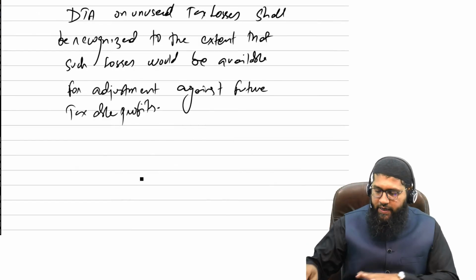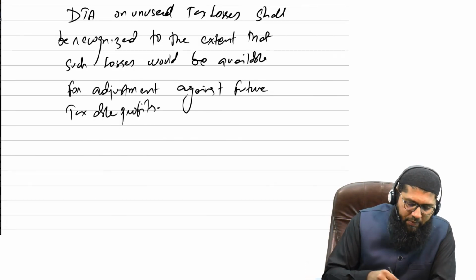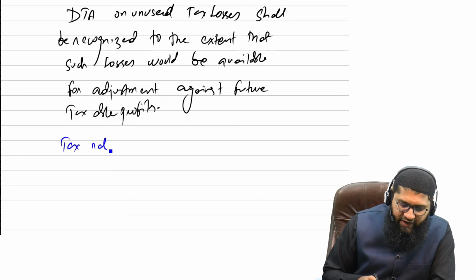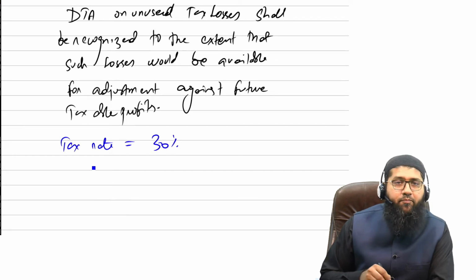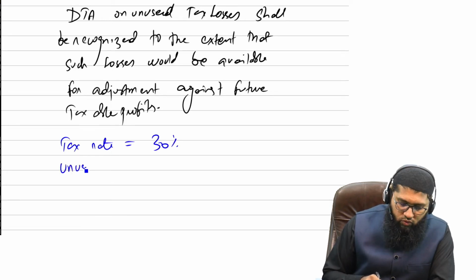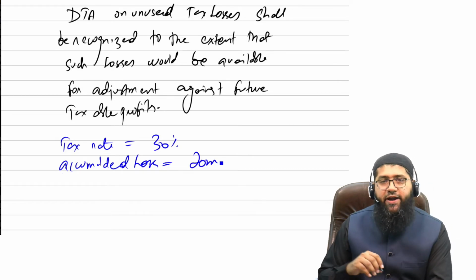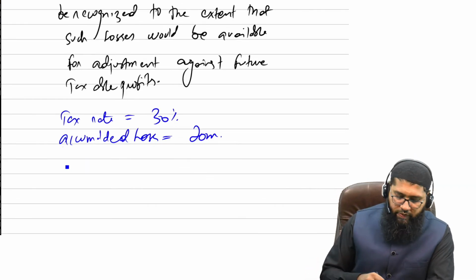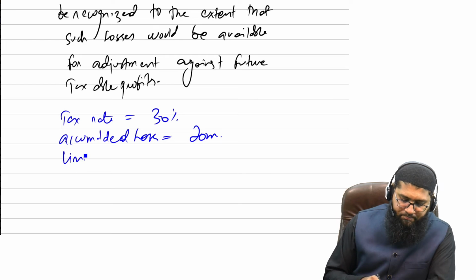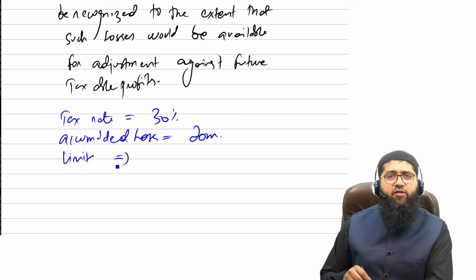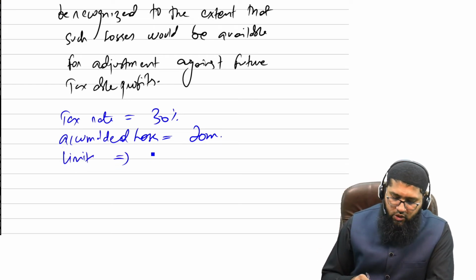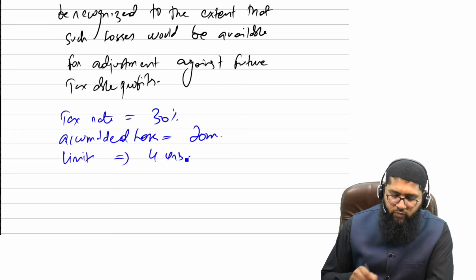Now, what does it mean? For example, your tax rate is 30%. You have accumulated losses of 20 million. Now, there is a limit that these losses could be carried forward for 4 years.